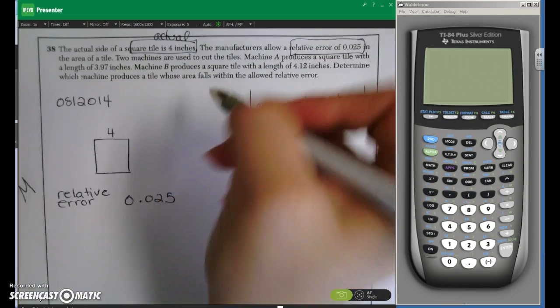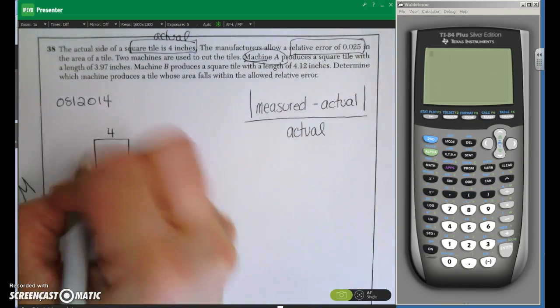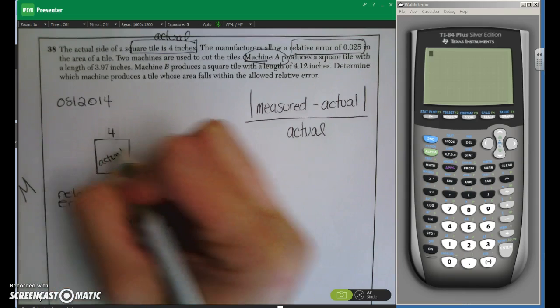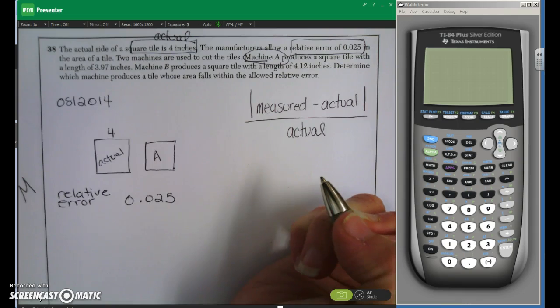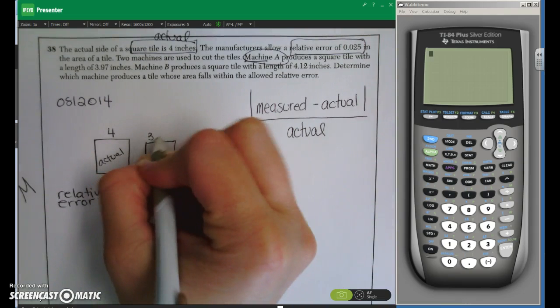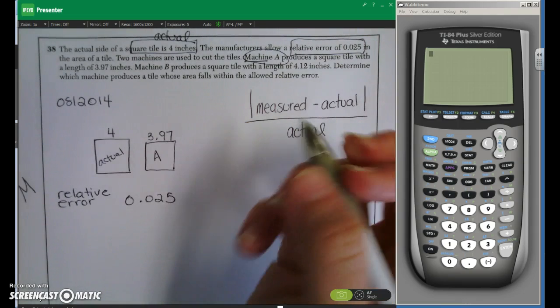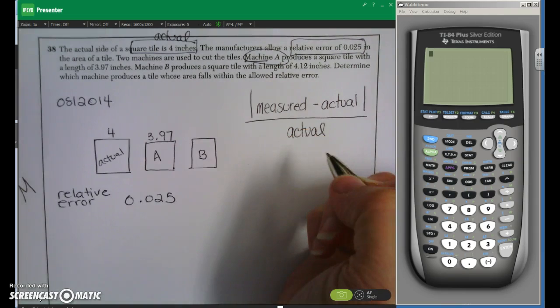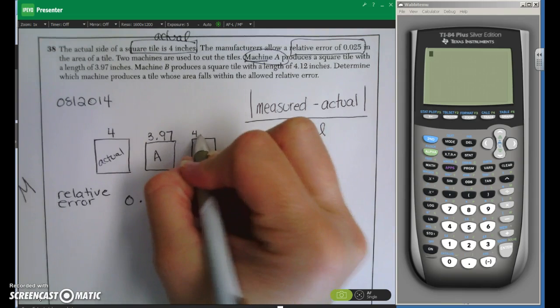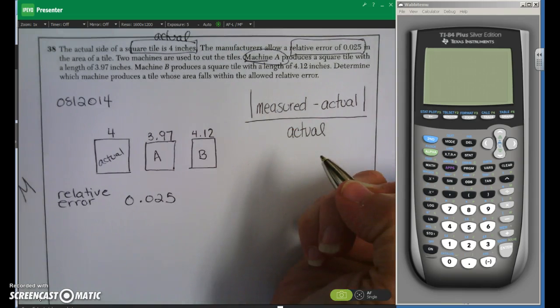Now 2 machines are used to cut the tiles. Machine A produces, we know that machine A produces a square tile with a length of 3.97. Machine B produces a square with a length of 4.12 inches.